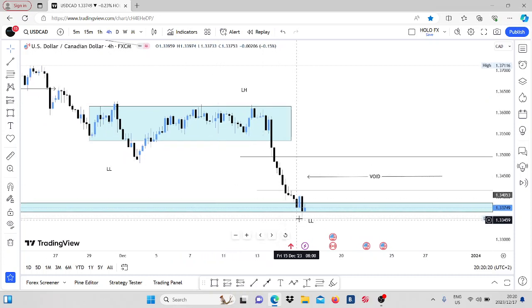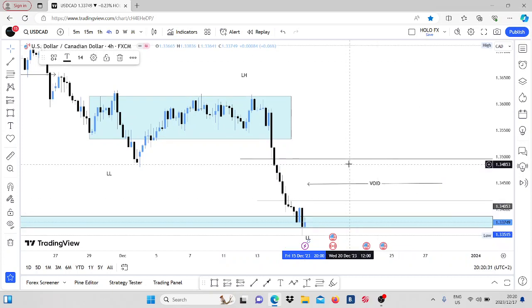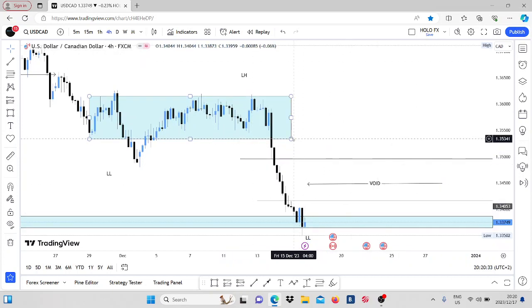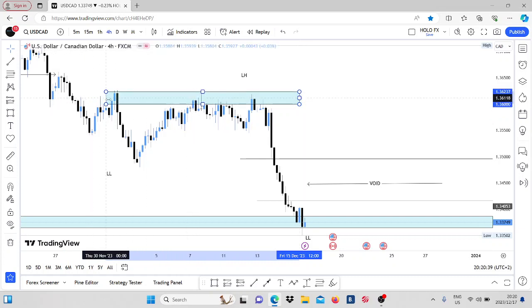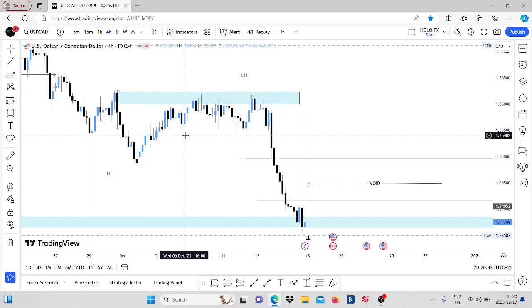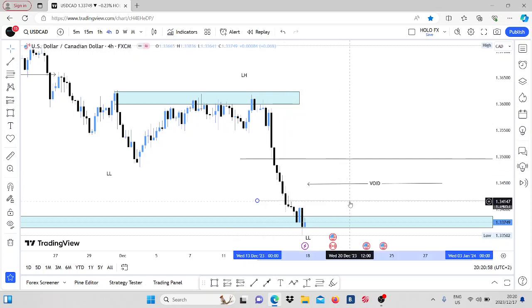We can see that price had a bit of a reaction here. Within that fair value gap that we saw, price came and filled it. The voids here are still here. Price has not yet filled it properly.